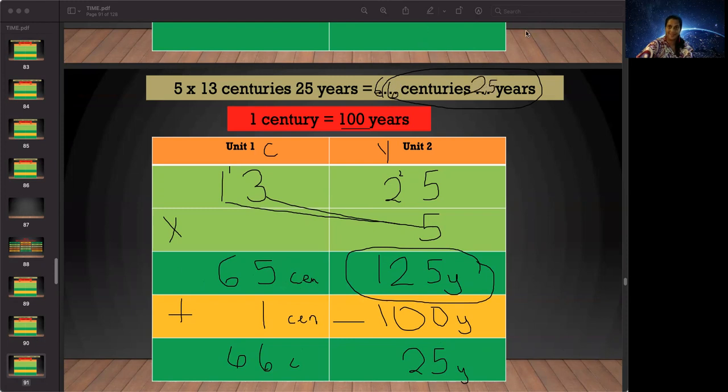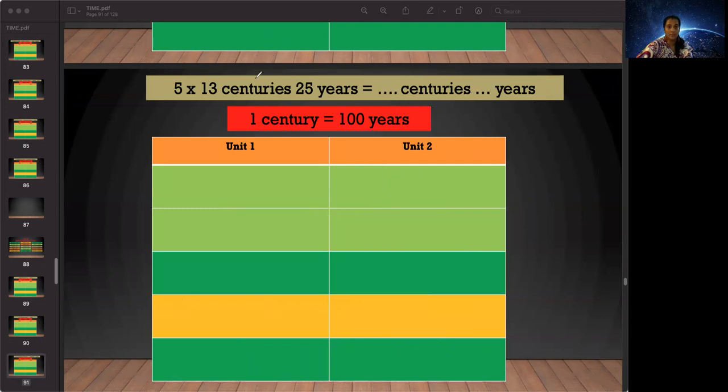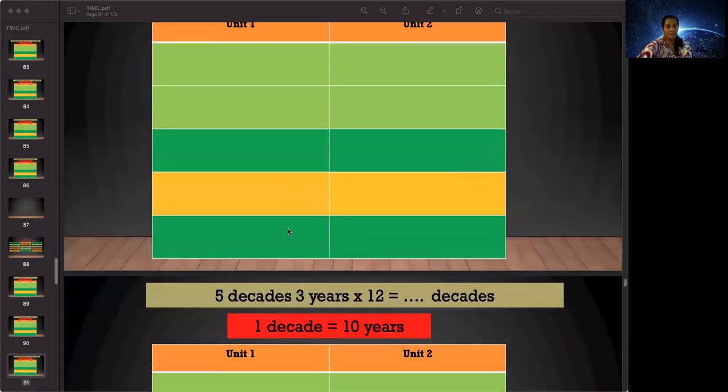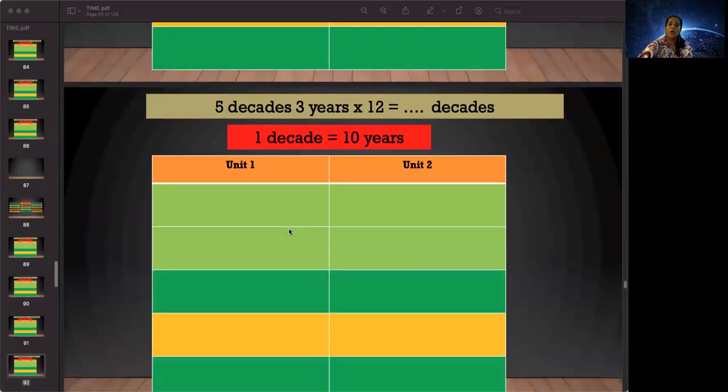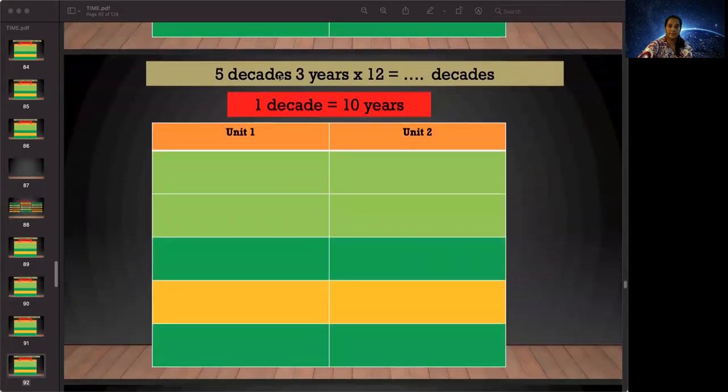Okay, with that, we'll do one more last question on multiplication. This time we have 5 decades, 3 years, multiplied by 12. Our conversion is between decades and years, and remember, 1 decade is 10 years.